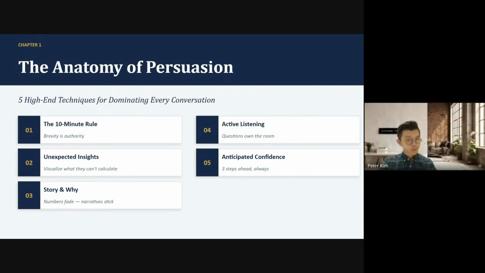And second, the unexpected insight. When you hear something you didn't expect in a meeting, that's when engagement comes back. So visualization and presentation always come into play. When you start the conversation with today's rate, 30-year fixed at 6.875, do you know what this sentence is worth?